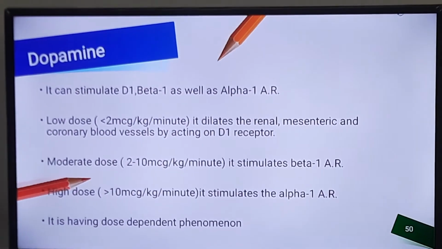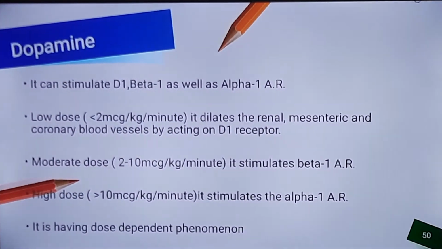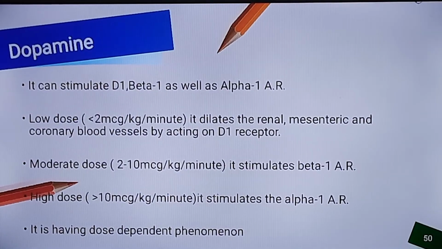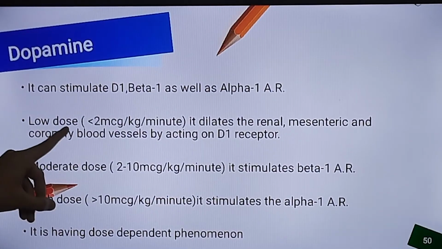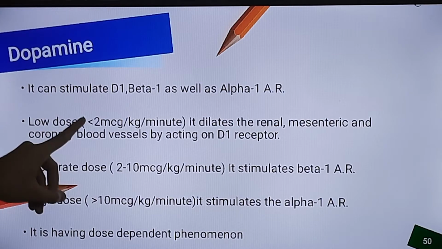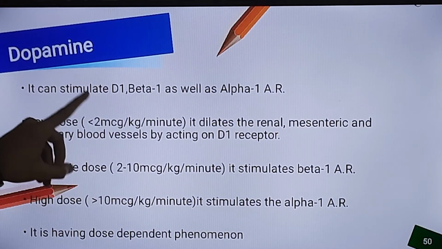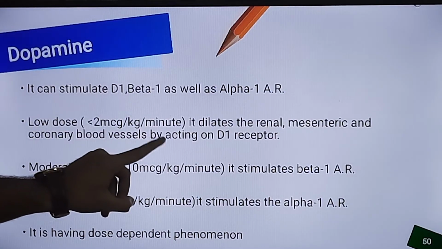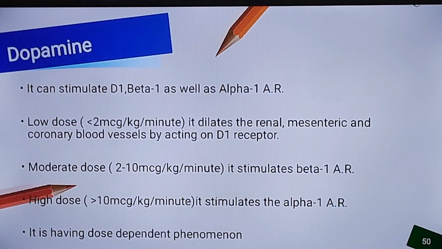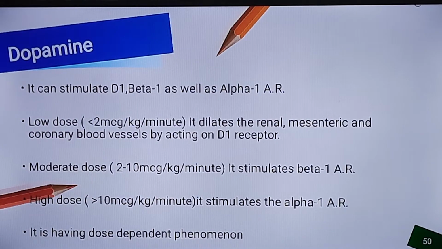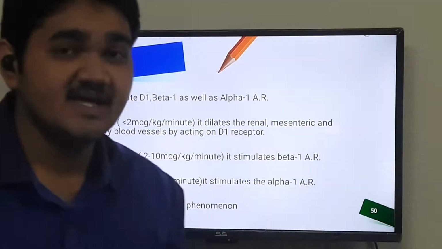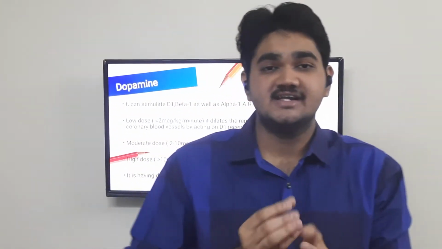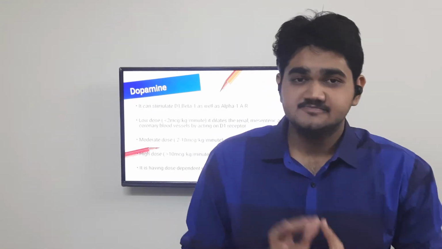Whenever we are giving dopamine in low dose, that is less than 2 microgram per kg body weight per minute, it stimulates our D1 receptor. The next question is, कहाँ पे D1 receptor होते हैं?